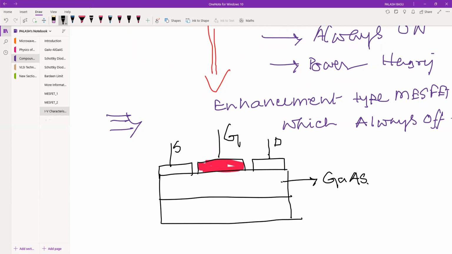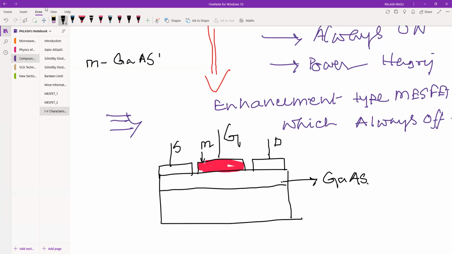Since you know which metal you have used with the gallium arsenide, it is a Schottky contact.